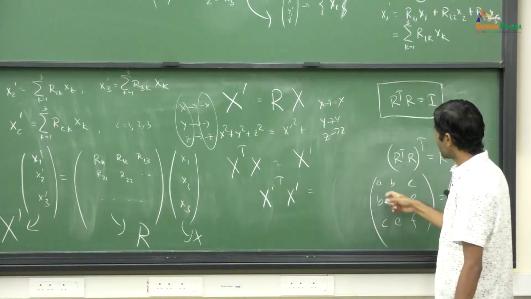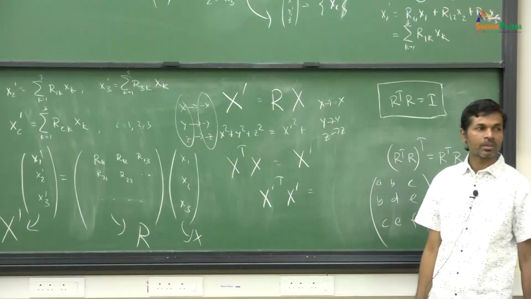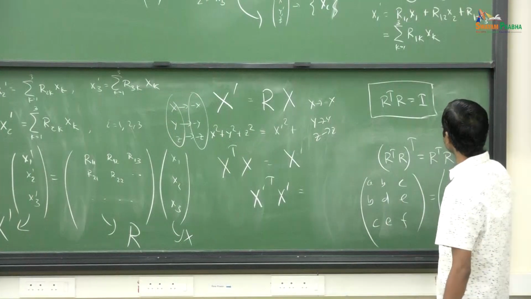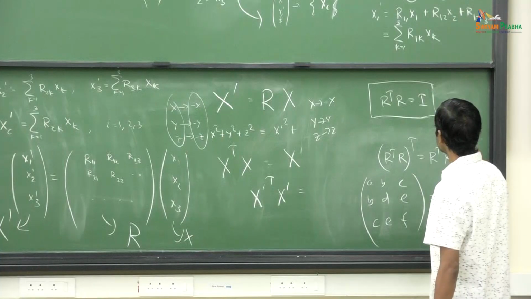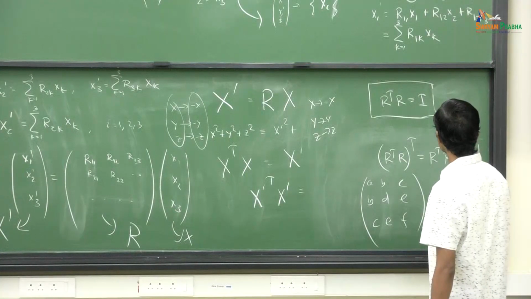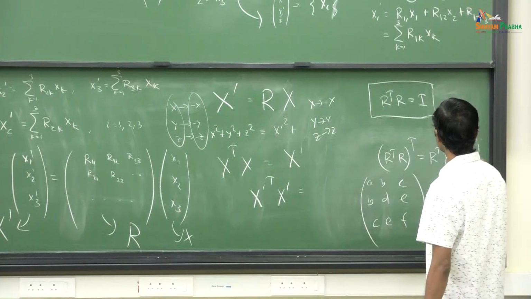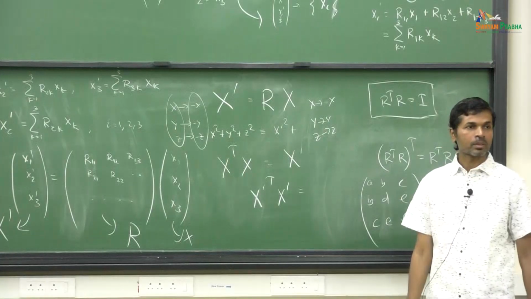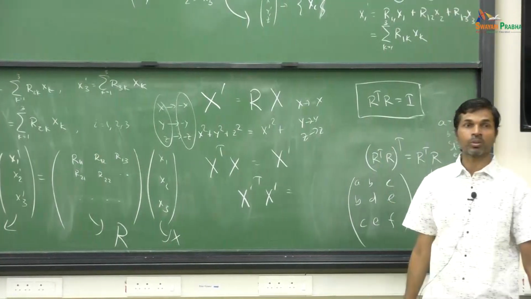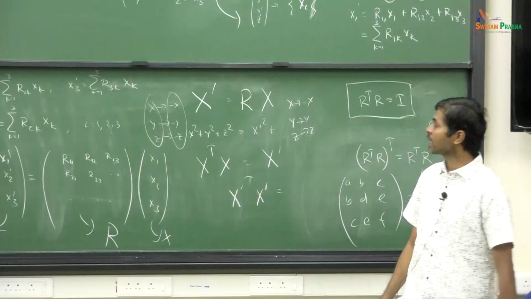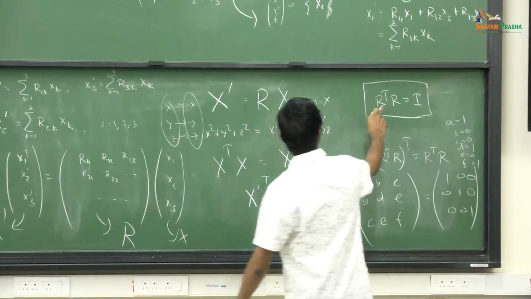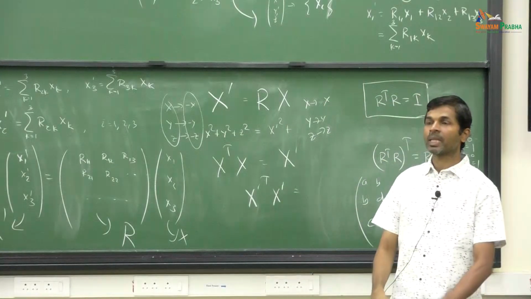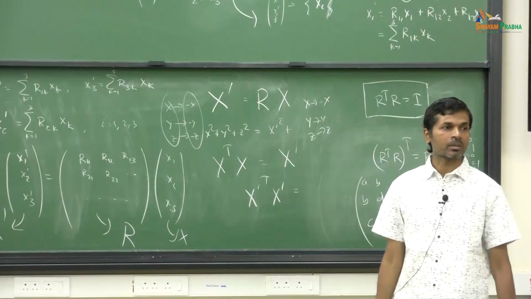So there are only 6 equations. This says A equal to 1, B equal to 0, C equal to 0, D equal to 1, E equal to 0, F equal to 1. There are 9 parameters here, but using these 6 equations, you can eliminate 6 parameters.